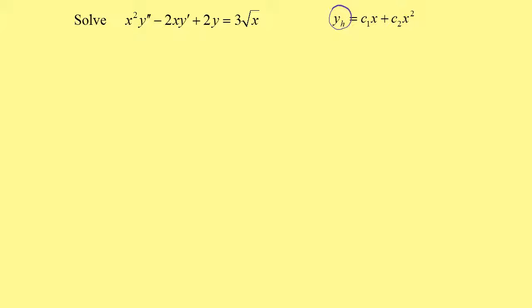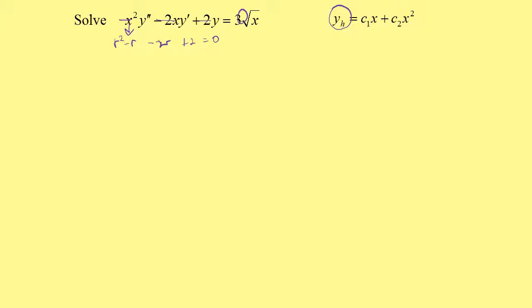Let me just remind you, we could have found that. Notice this is an x squared y double prime, a 2xy prime, 2y. Had this been a 0, then this is our Euler equation. This one would have come out to be an r squared minus r. This one would come out to be a minus 2r, and this would be a plus 2.